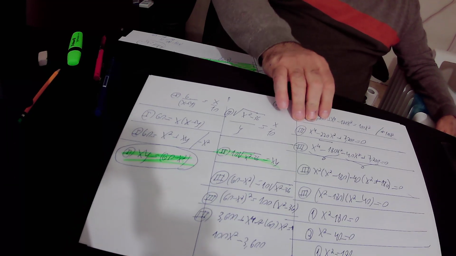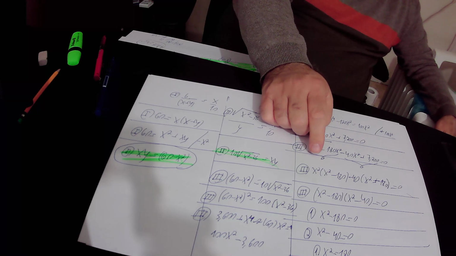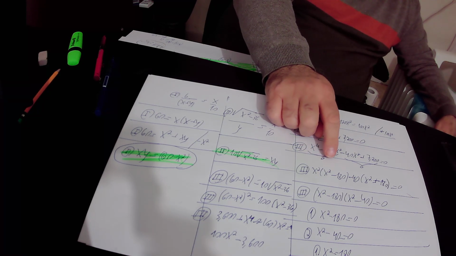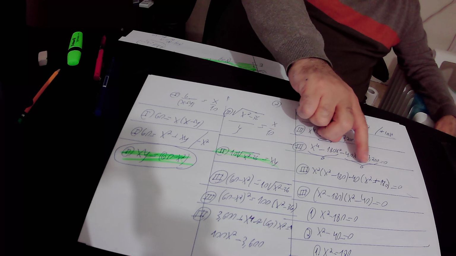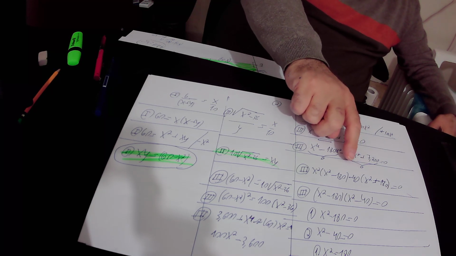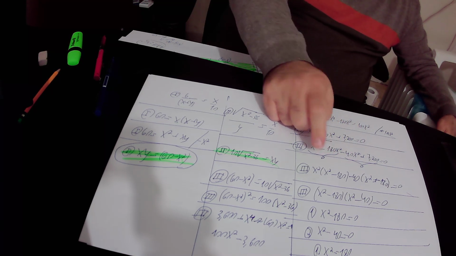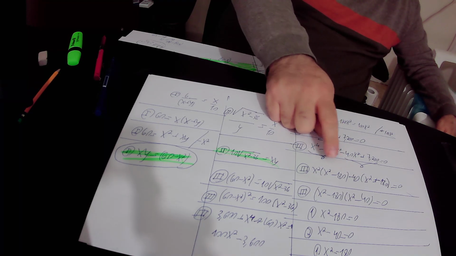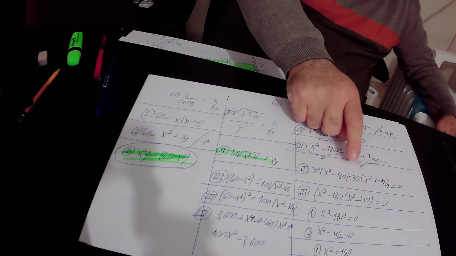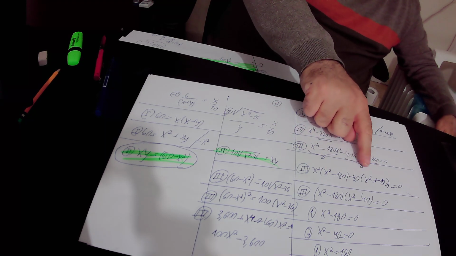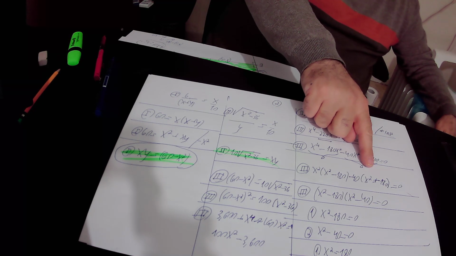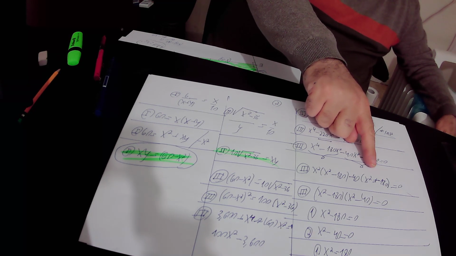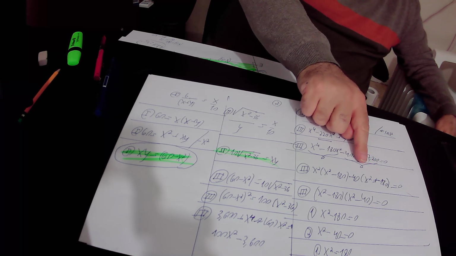So here we got this equation, and we took x squared minus 180 as a common factor out of this expression. What is left from the first expression after we took x squared minus 180 as a common factor is x squared, and what is left from the second expression is minus 40.